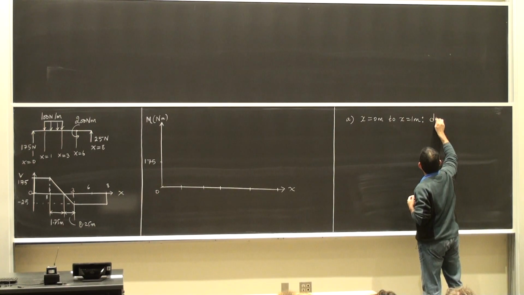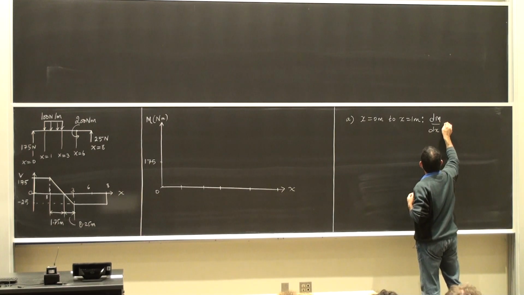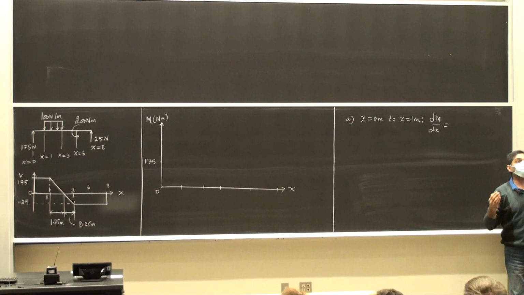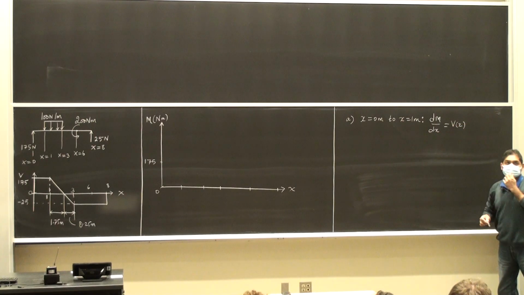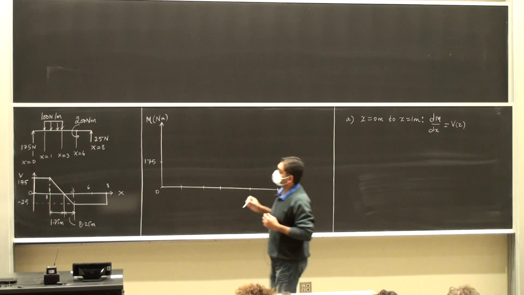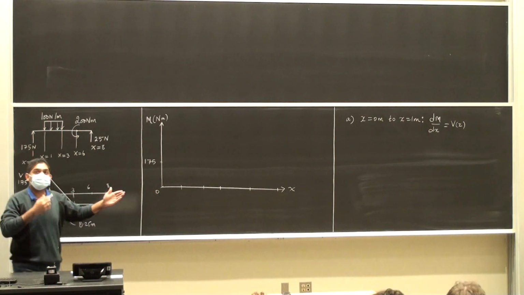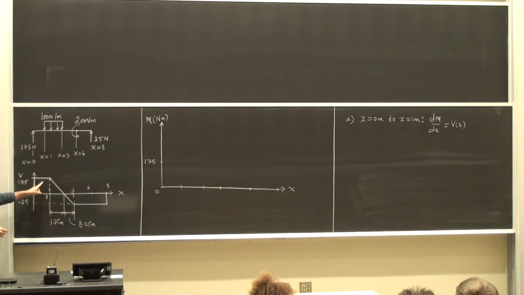Okay, so dM by dx is equal to the value of the shear force. Look at this carefully. Go to the shear force diagram. Between 0 meters and 1 meter, the shear force is positive and constant.